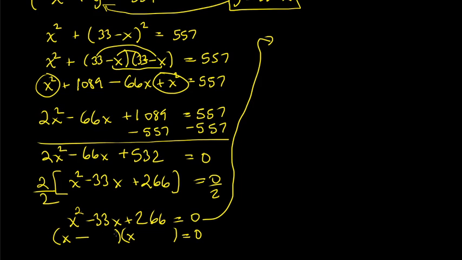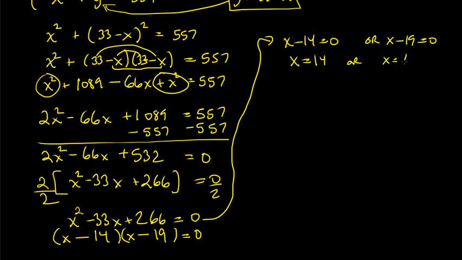So they're both negative numbers because they have to add to negative 33. All right, so I hope you got 14 and 19. Right? So that means x minus 14 is 0 or x minus 19 is 0. So x is either 14 or 19.